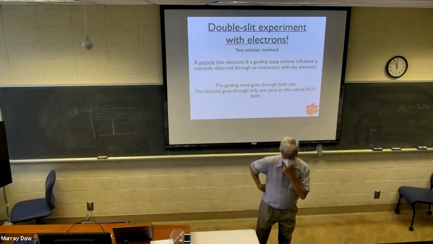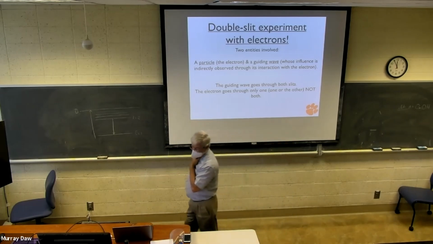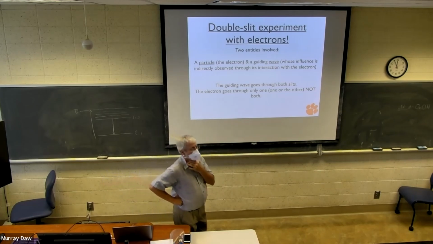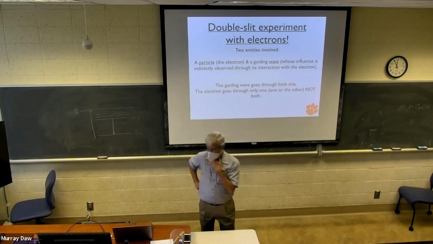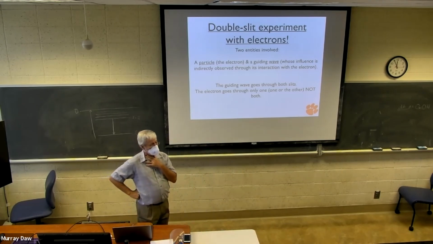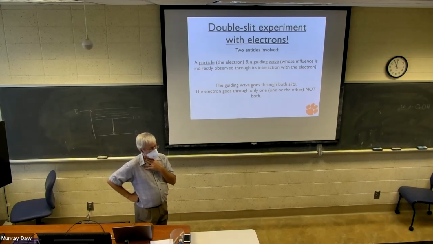Yes. Dr. Bell, when you say the guiding wave, I'm assuming it must be a property of the quantum in some fashion. Does that mean the electron has a virtual quantum?